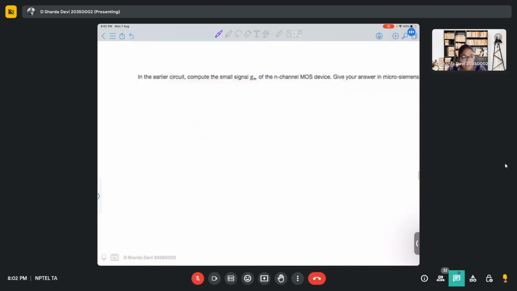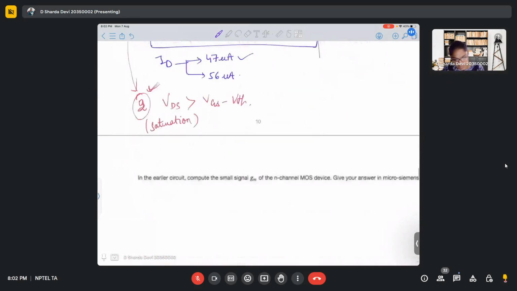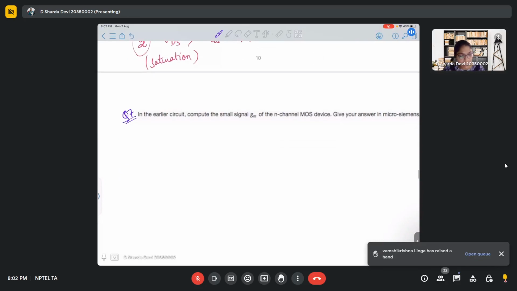Okay, so it's already 8. Maybe we can do another question which is linked with the previous question. Question number 7. In this problem, you have to find the GM. We did consider GM in the previous question. It was 2k (VGS minus VTH), or I can write it as 2k (VGS minus VTH) squared by (VGS minus VTH).